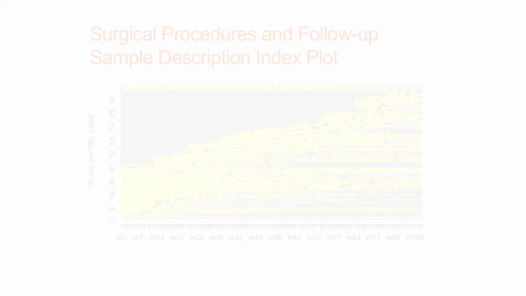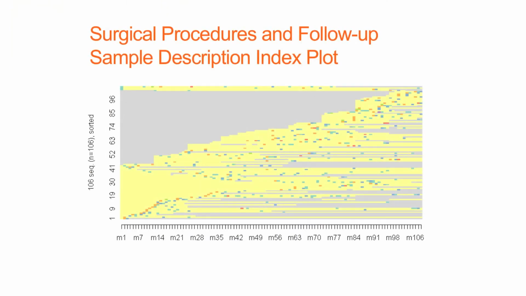So this first one is using a sequence index plot in ways that it wasn't really meant to be used. This uses health insurance claims data from 2003 to 2008. What it shows is a description of a sample of patients who had a certain surgical procedure.